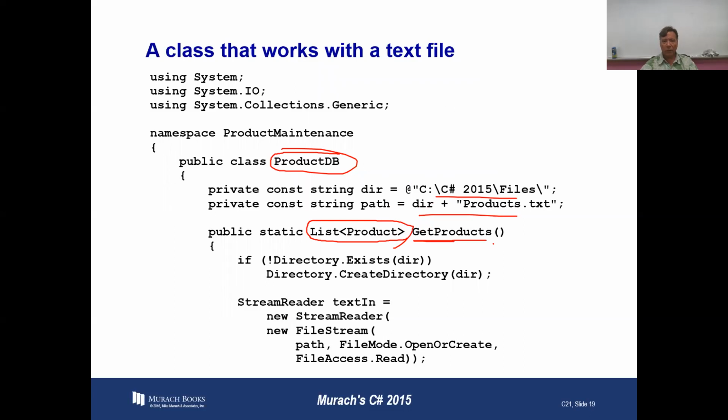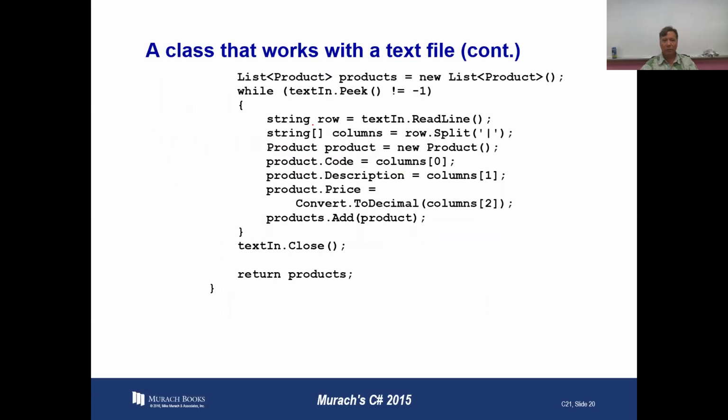So what does getProducts do? Well, it reads up, just like we just saw, these products into a row, does a split, and gets a string array called columns.